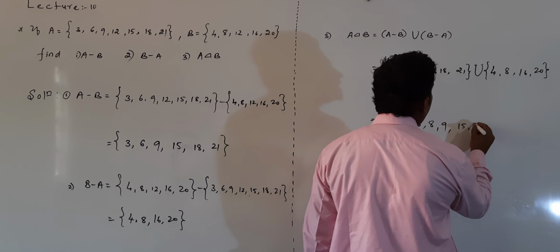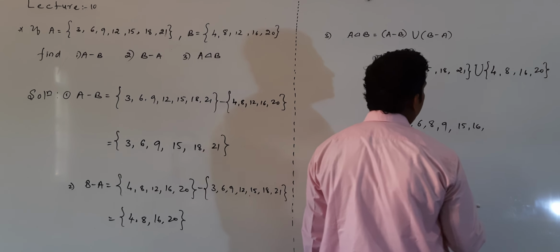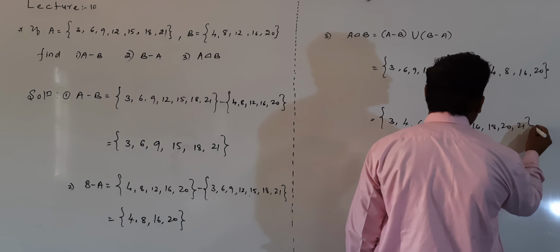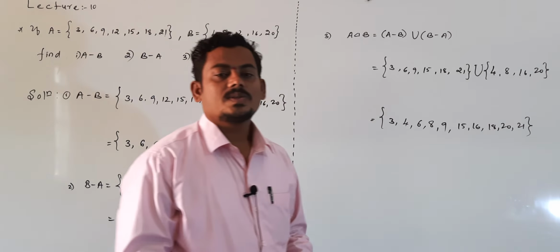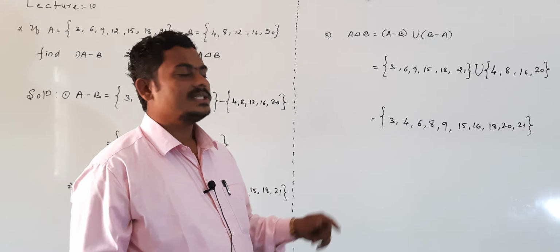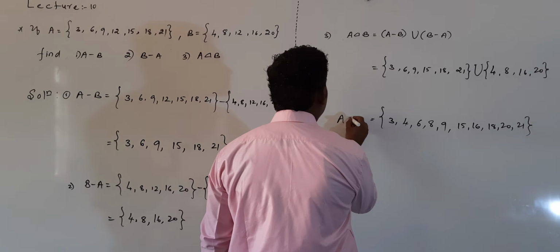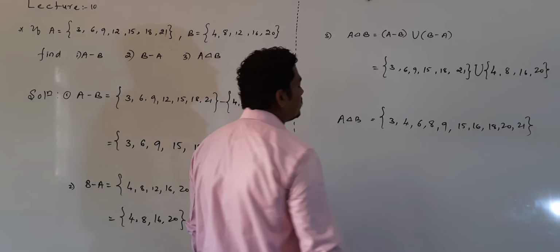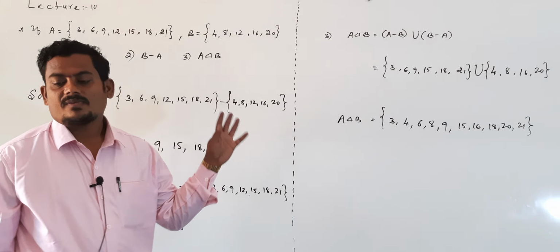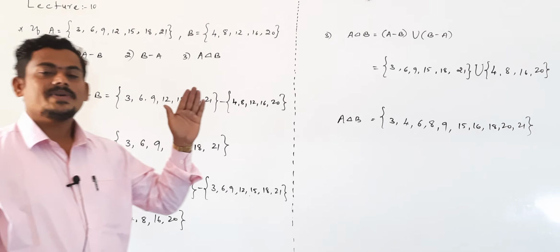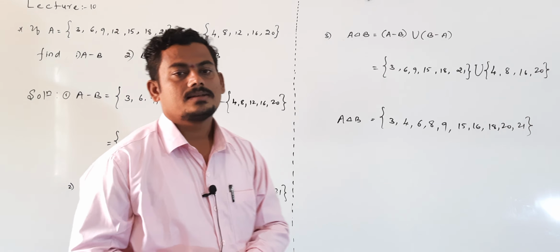Directly 15, 16. After that 18, 20 and 21. Union means write all those elements in A or in B or in both the sets. This is the symmetric difference of A and B. For finding the symmetric difference, we need A minus B and B minus A. Thank you.